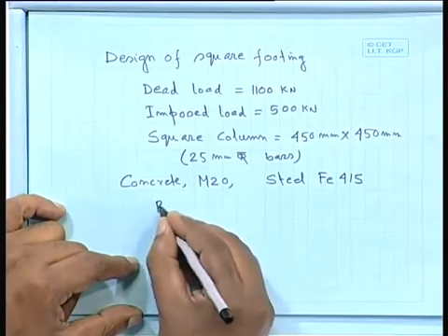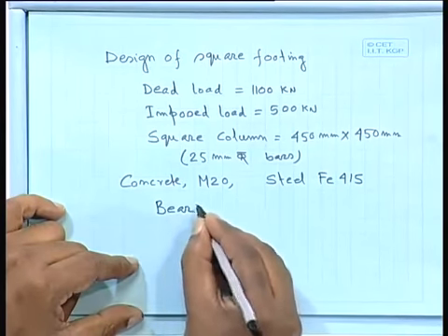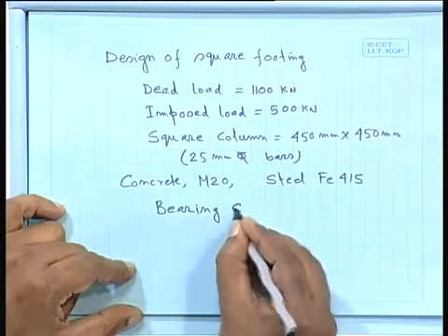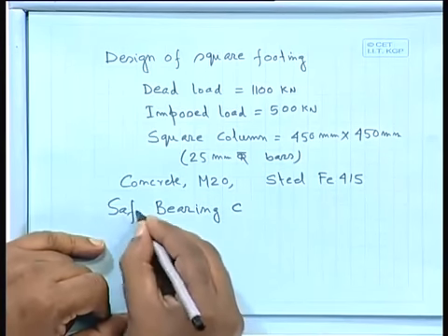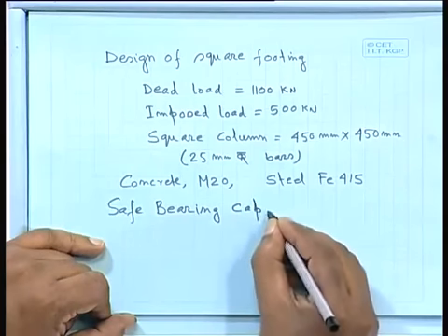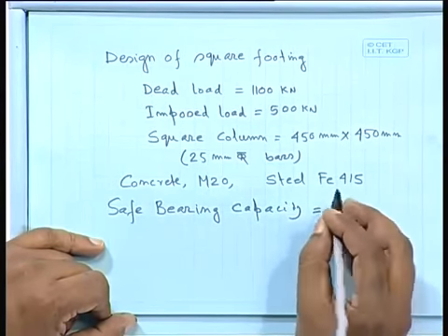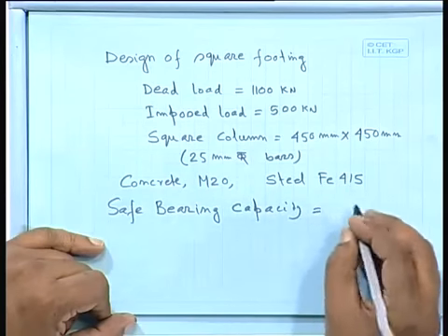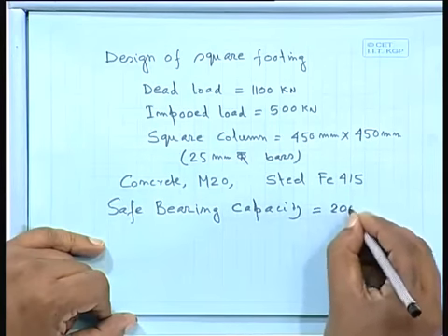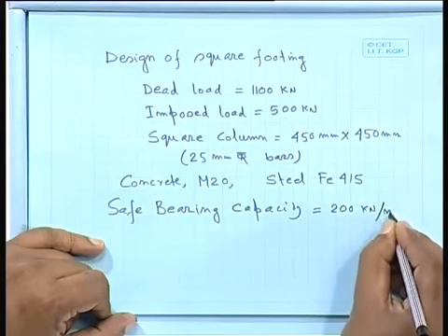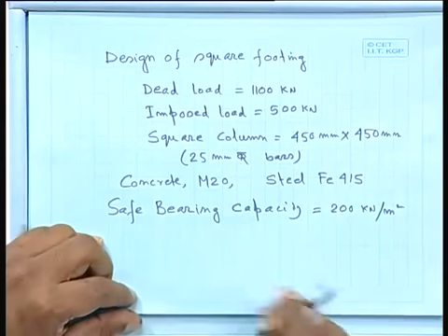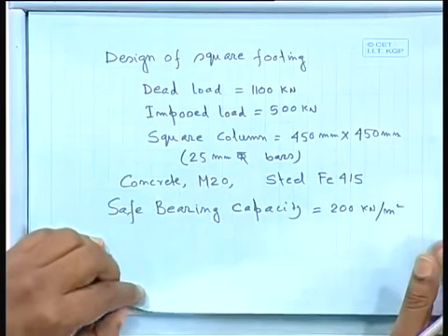Bearing capacity, let us write down safe, which is coming as 200 kilonewton per square meter. So this is your parameters.